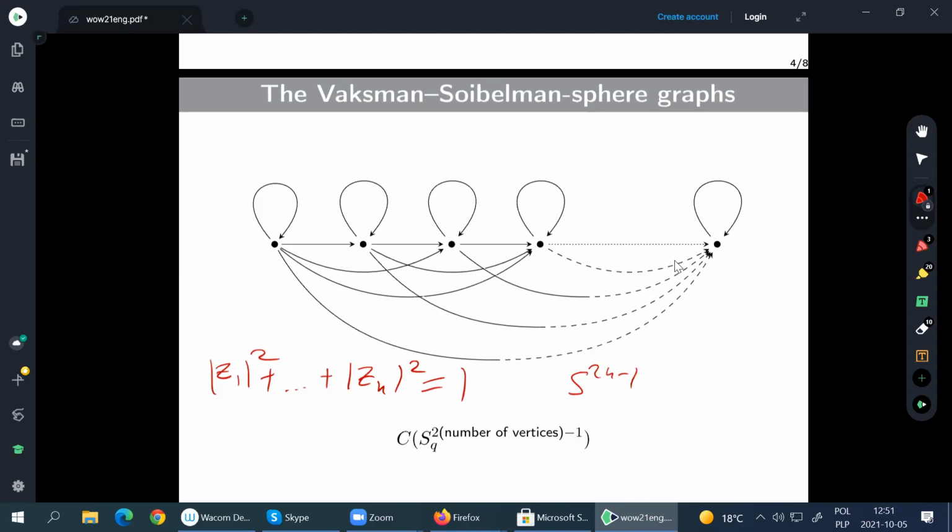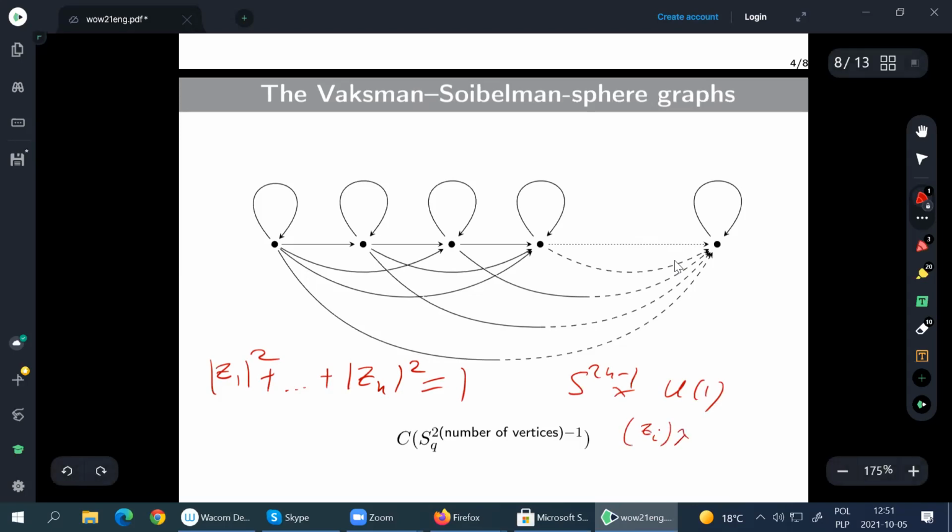But then, of course, you can act on points of the sphere by the unit circle. Let me note that's the unitary group U(1), okay? So basically what you are doing, you take a point on the sphere, you take the coordinates zi, and you act by lambda simply by multiplying each of the zi by lambda.